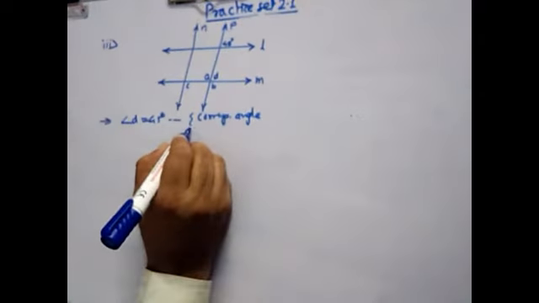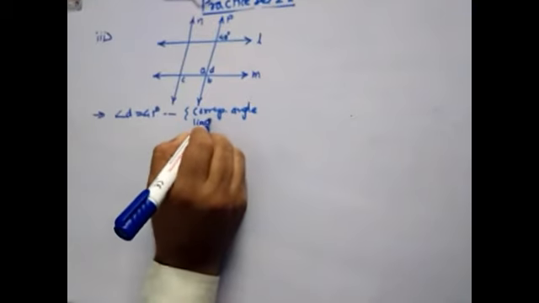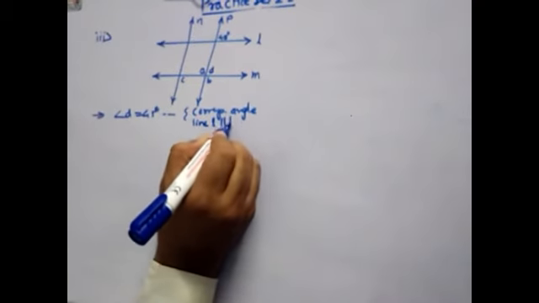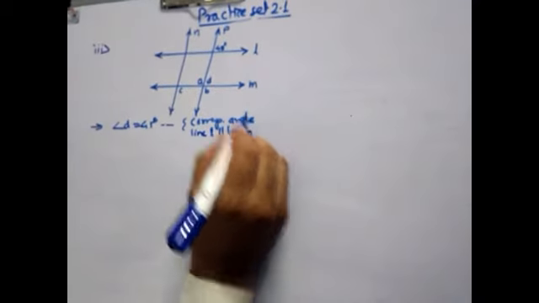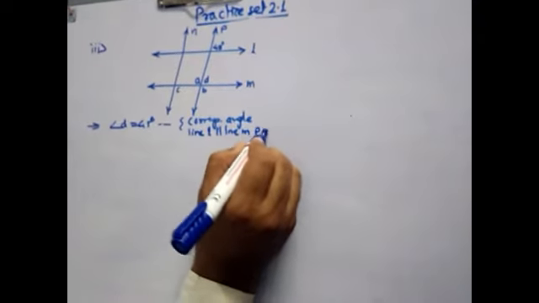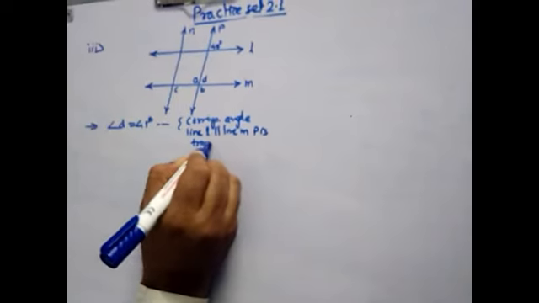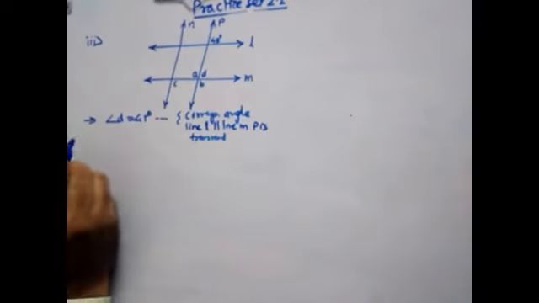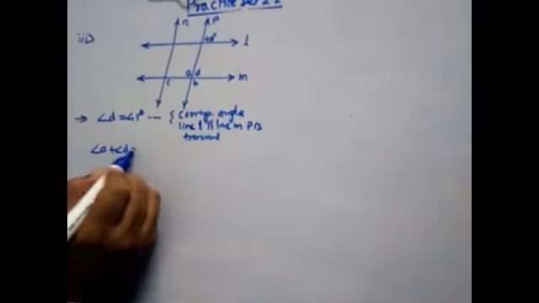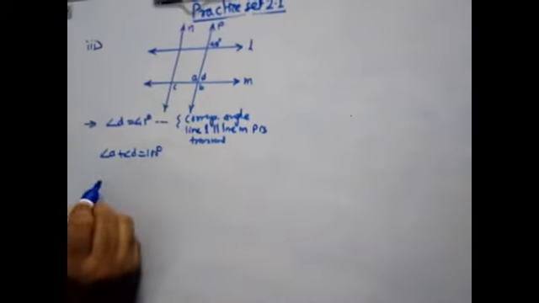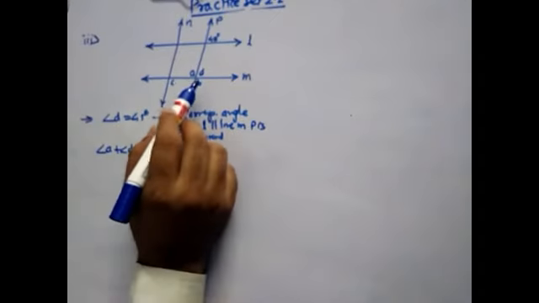What we write here is that line L is parallel to line M, and P is a transversal. So write down next: angle A plus angle D is equal to 180 degrees, that is a linear pair.